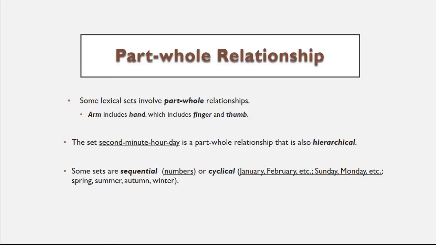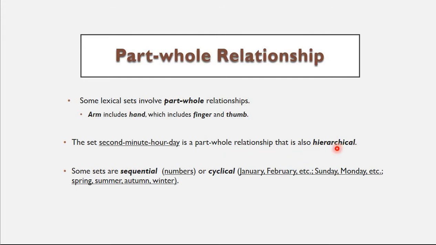So sometimes there might be a part-whole relationship between some lexical sets, and in Turkish we call them parça bütün ilişkisi. So here arm includes hand, which includes fingers and thumbs, as you see. The set second, minute, hour, day is also a part-whole relationship, actually.